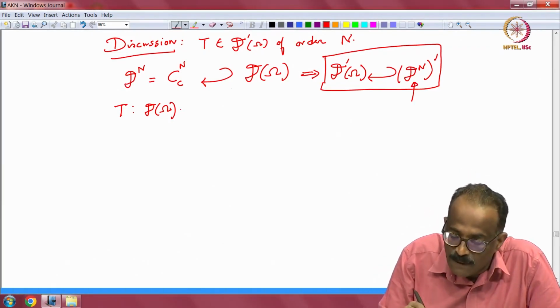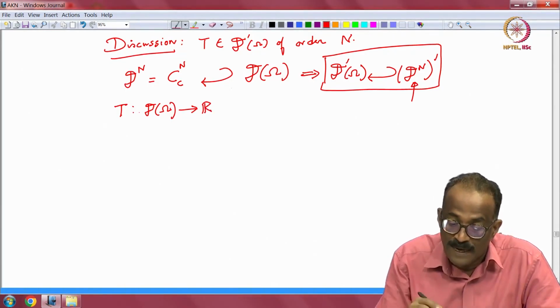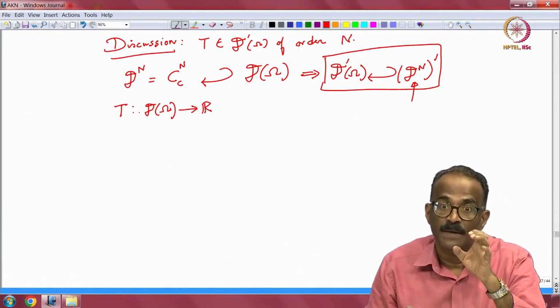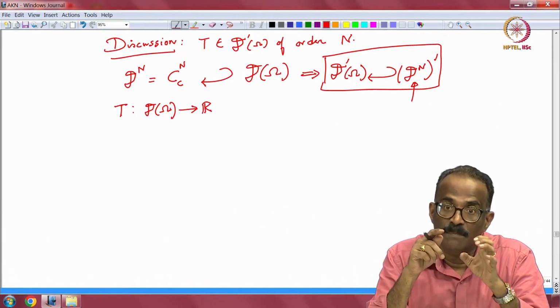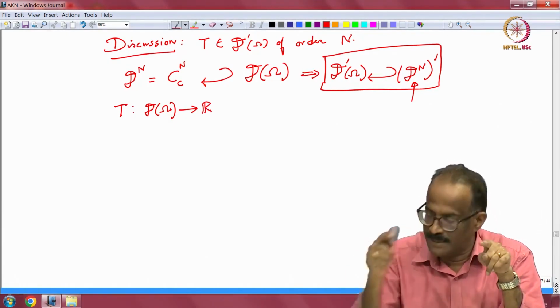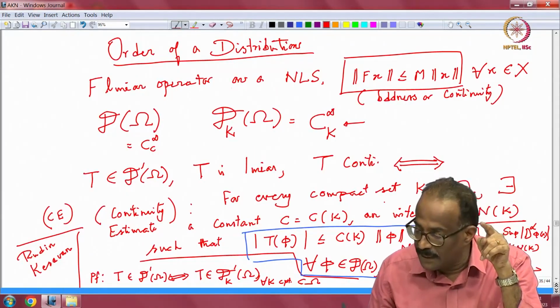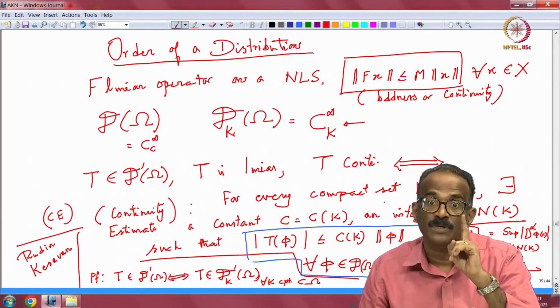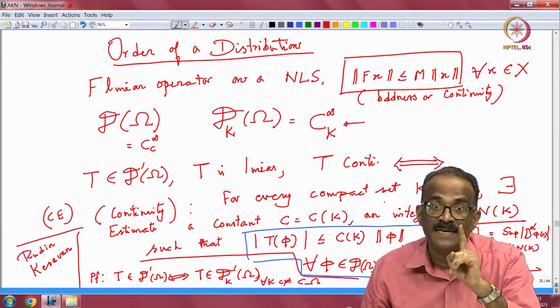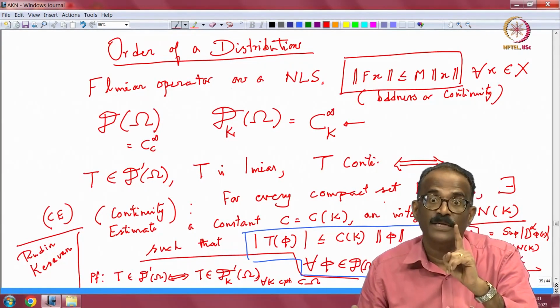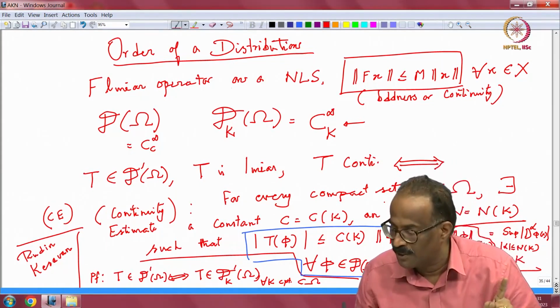So T is a D(Ω) to R distribution, and T is continuous in D(Ω), and you have that continuity estimate which you have seen. In this continuity estimate you need only finitely many derivatives, and it works for every K. That is precisely telling you that T is continuous with respect to the D^n topology.